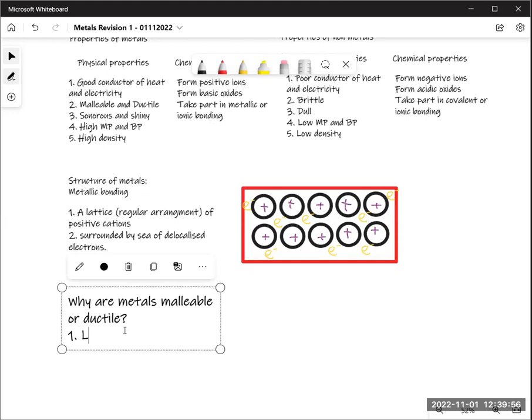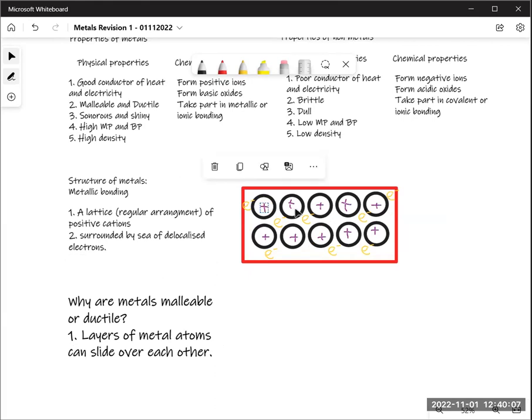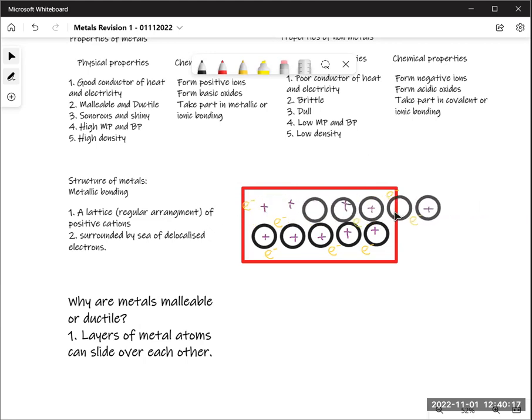Number one, layers of ions of metal atoms can slide over each other. What does that mean? If I have this layer right here, this top layer, it can slide over like this. That basically allows it to bend. If you can slide it, the whole shape can shift.